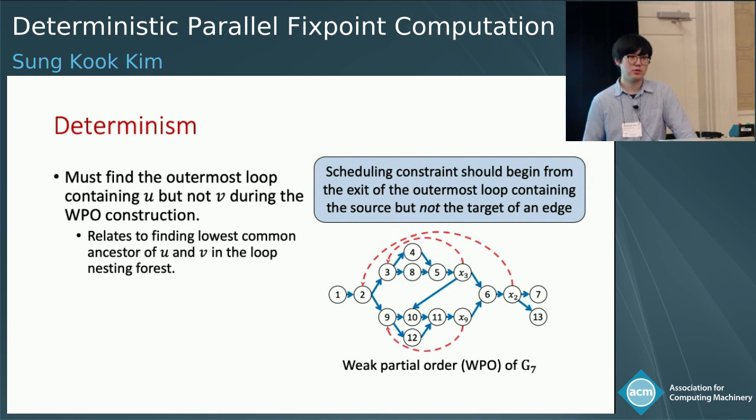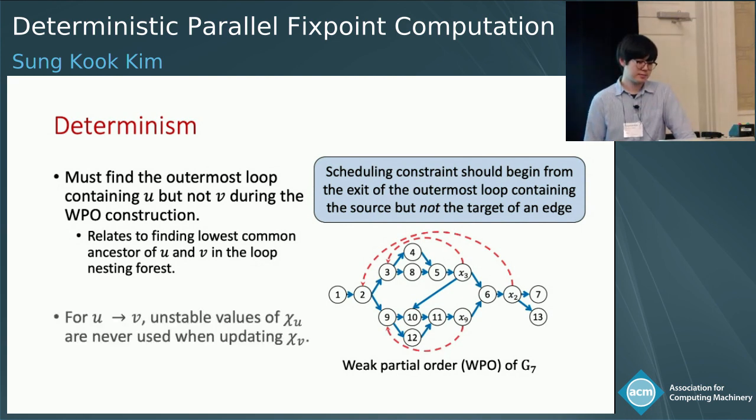To do this, you must find the outermost loop containing U but not V during the WPO construction for a dependence UV. This relates to finding the lowest common ancestor of U and V in the loop nesting forest. And what this achieves is that for dependence UV, unstable values of U are never used when updating V, XV.